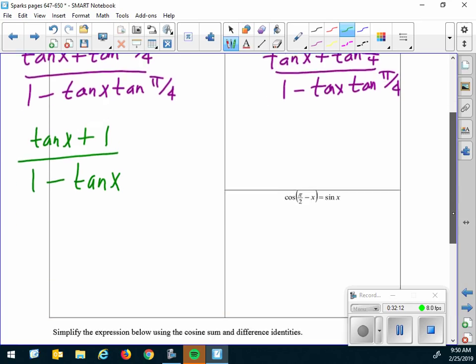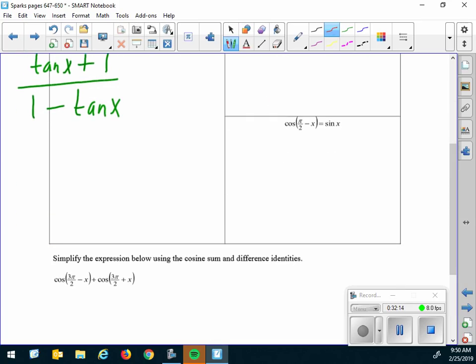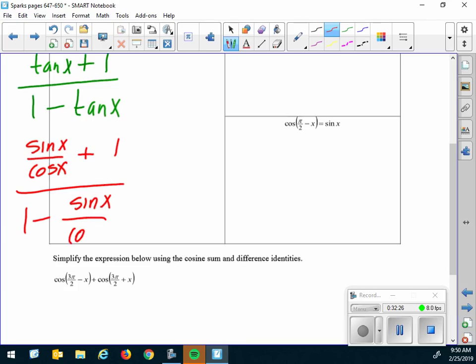All right, we're going to change everything to sines and cosines. So this is going to be sine x over cosine x plus 1 over 1 minus sine x over cosine x. Okay, we need common denominators.